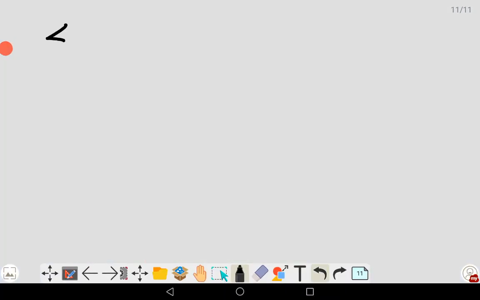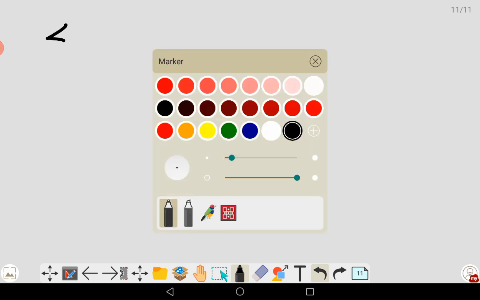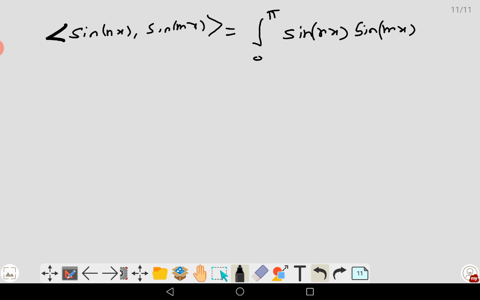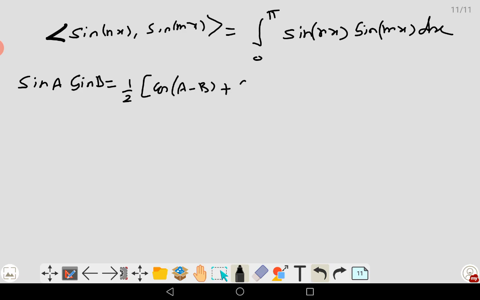The inner product of sine nx and sine mx, in the interval 0 to pi, is the integral of sine nx sine mx dx, and we have found the formula that sine A sine B can be written as 1 over 2 times cosine A minus B minus cosine A plus B. This is the rule we use here.